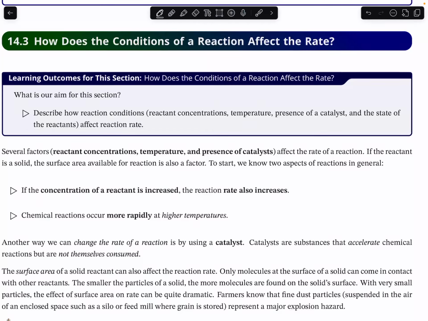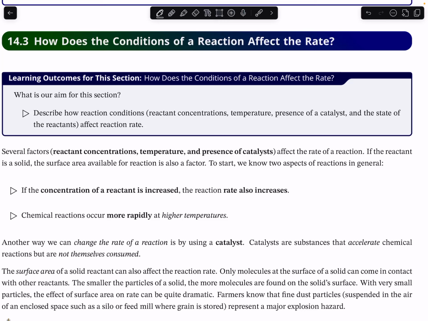Hello again, everyone. So we're continuing the conversation on chemical reactions and how their kinetics work. And our next stop is how do the different conditions affect a chemical reaction, and specifically the rate of a chemical reaction.